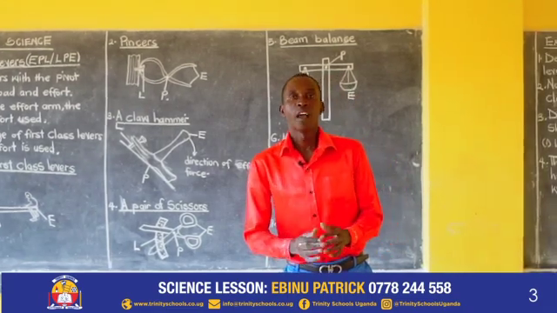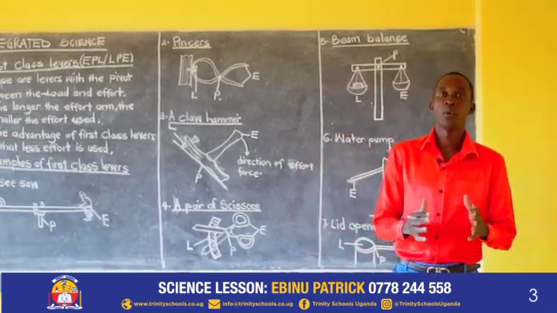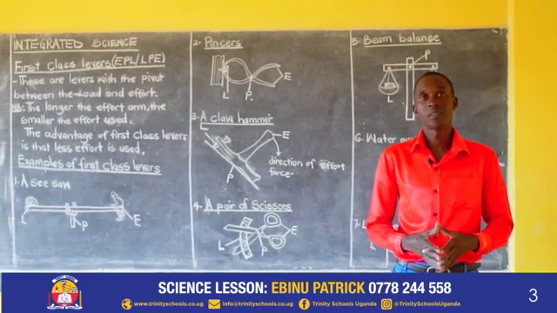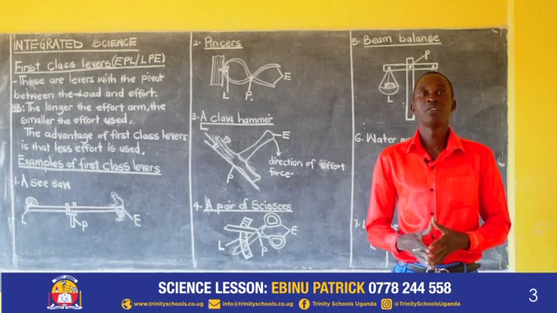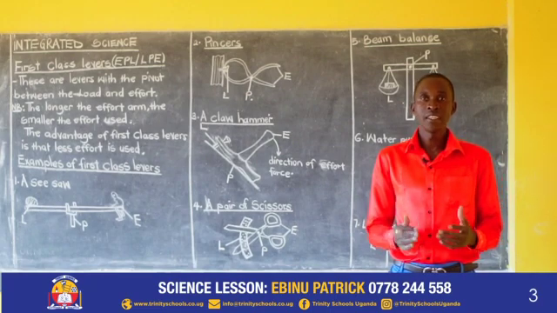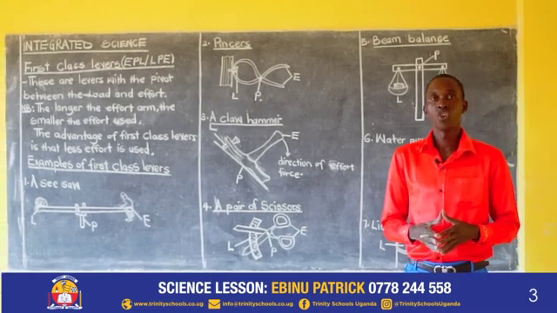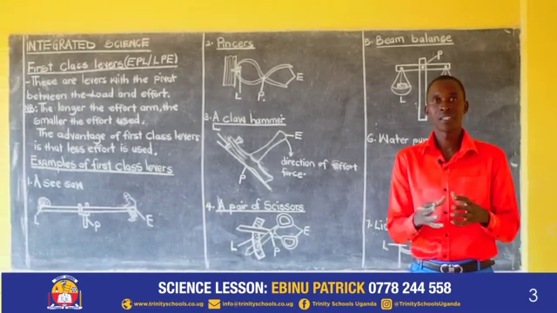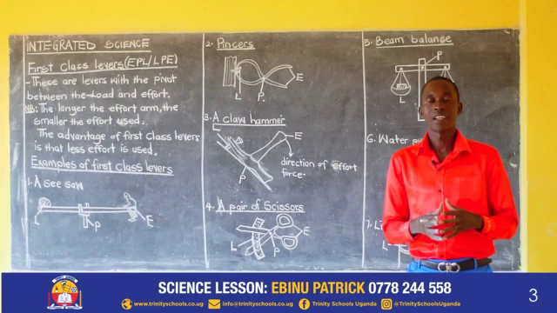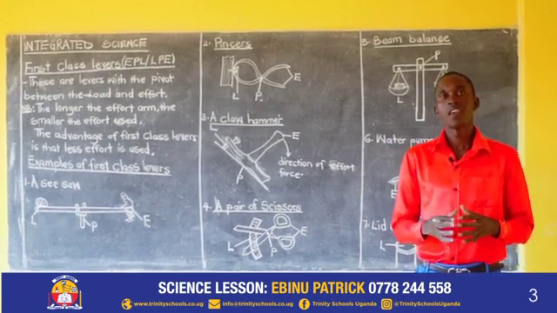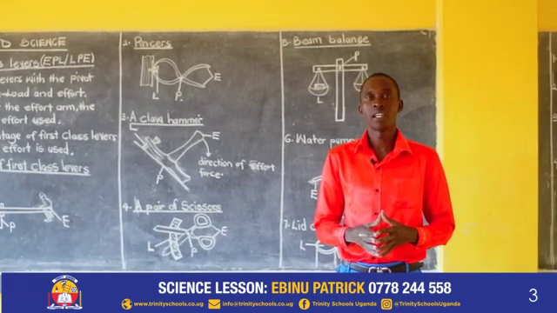Now, on the last lesson when we met here, I was basically looking at the levers. Maybe to take us back for a review, we said a lever is a stiff rod which turns on a fixed point. That is what we gave as a definition of a lever.